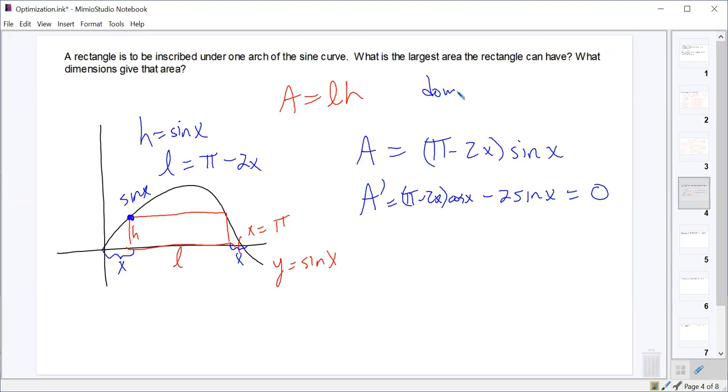Our domain here is only from 0 to pi, non-inclusive. Remember, you can use second calculate x-intercept on your graphing calculator to calculate that x-intercept.